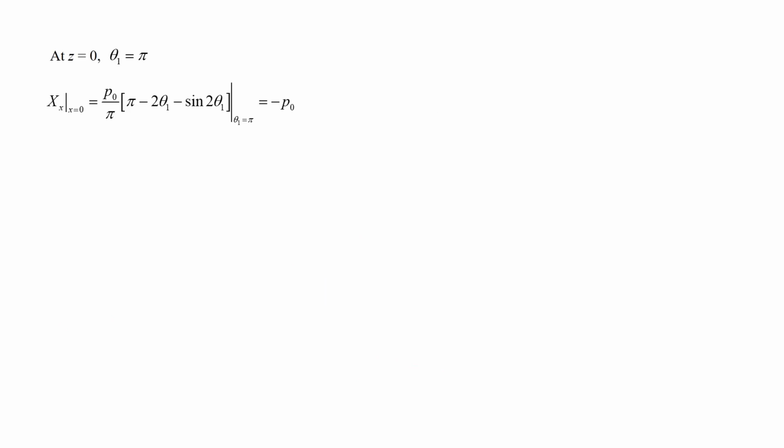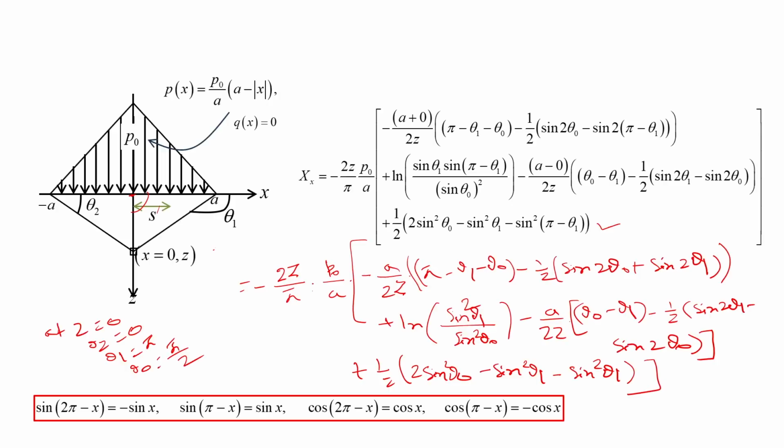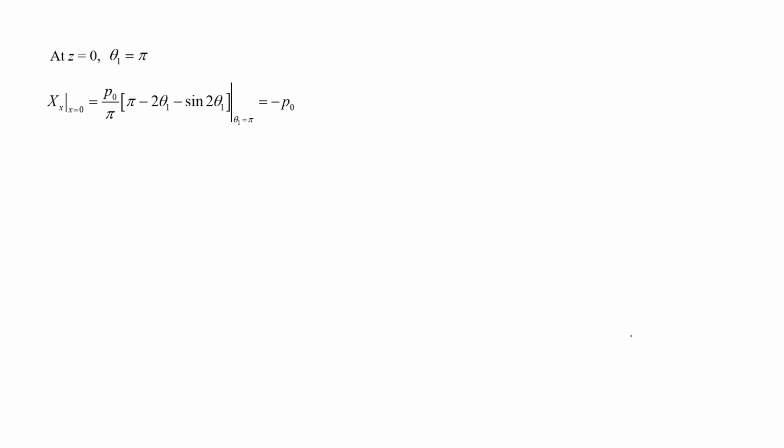So, we can substitute all that where z is equal to 0 and theta 1 is equal to pi, and you will see that this 2z by a we can multiply over here and further simplify it. I am not going through all that, and finally, we will get sigma xx equal to minus p 0.